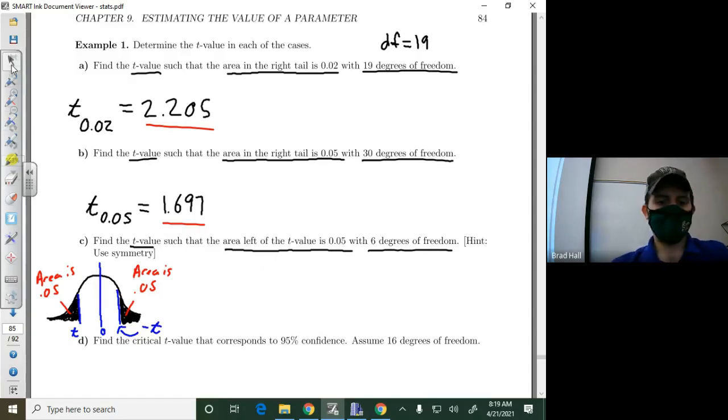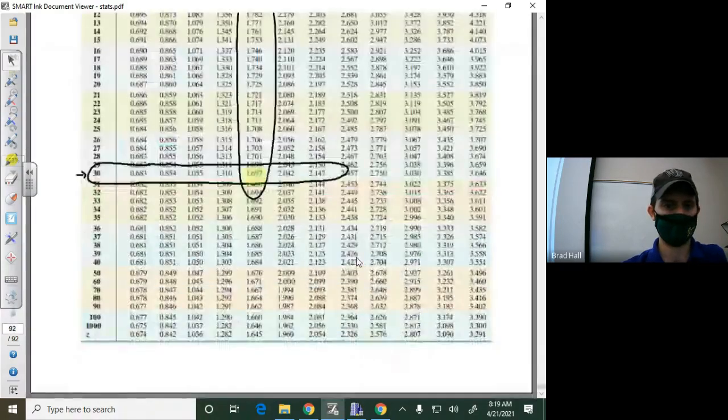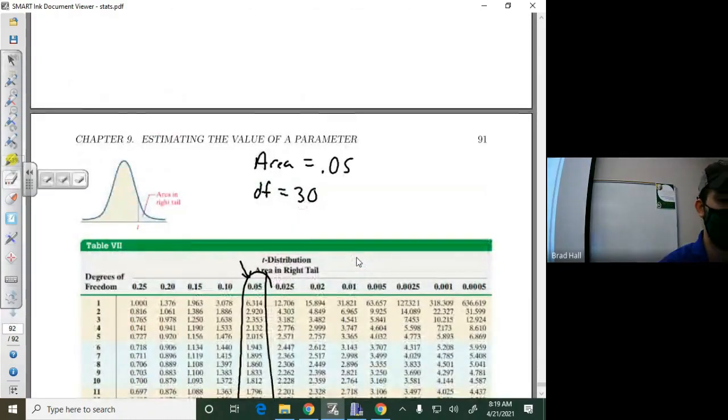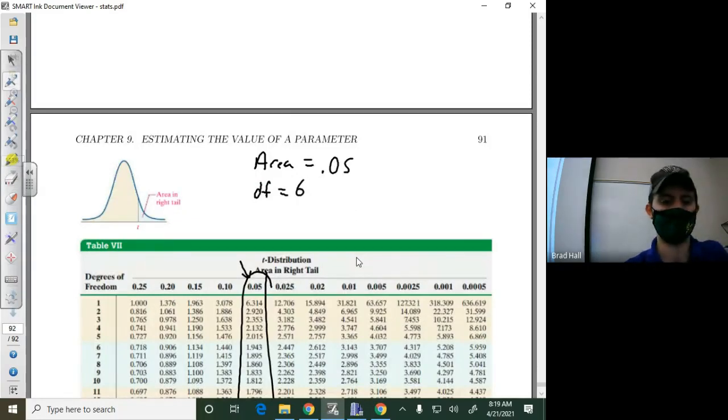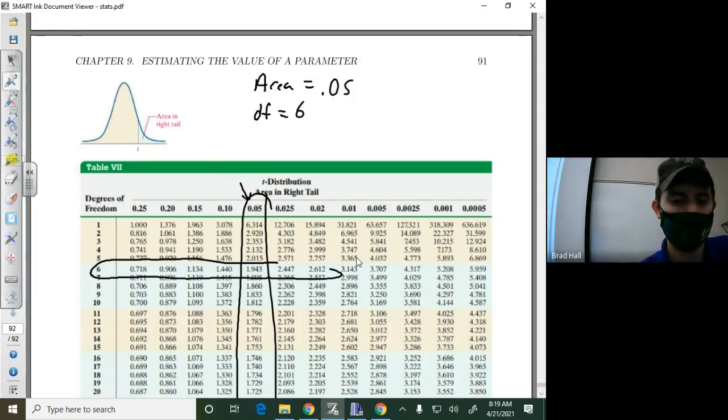So let's look at 0.05 and 6 degrees of freedom. That seems to be right here.